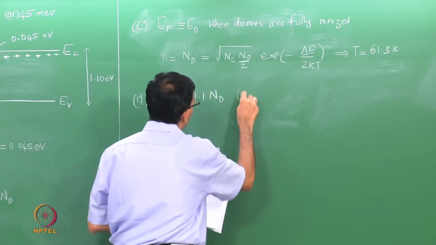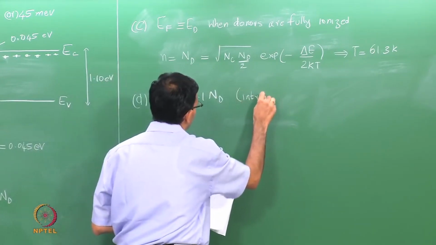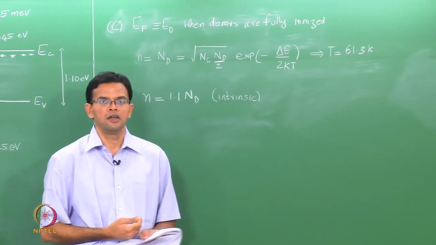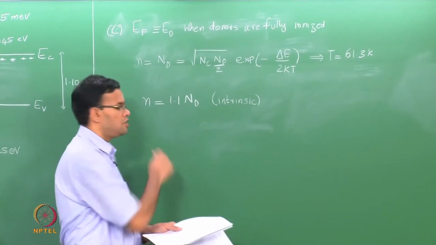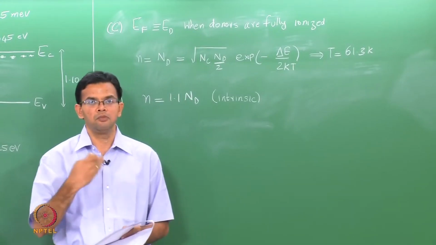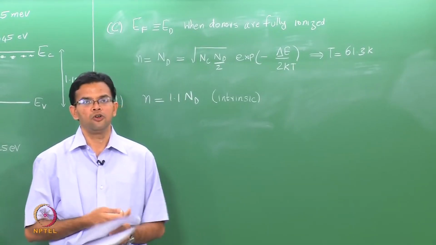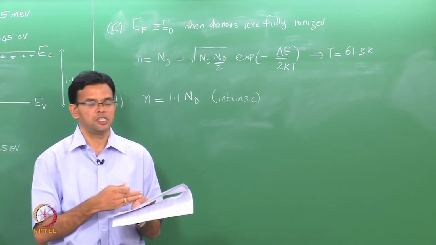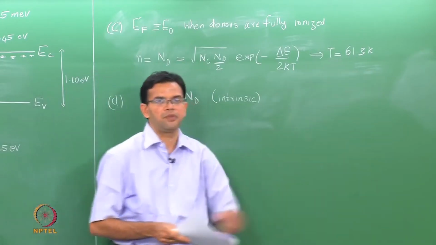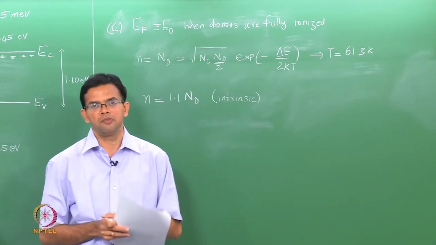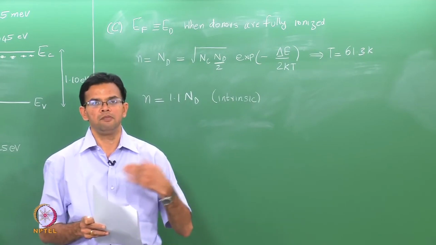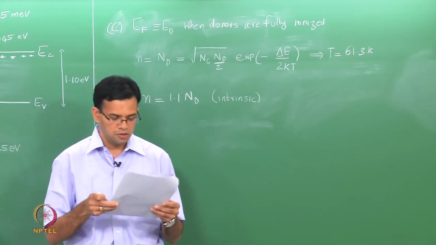If you go back to the notes, we say that the sample is intrinsic when the electron concentration is 10% more than the donor concentration. So, we have a regime between saturation, and this is your saturation temperature, and the intrinsic temperature, where the concentration of electrons is within 10% of the donor concentration.